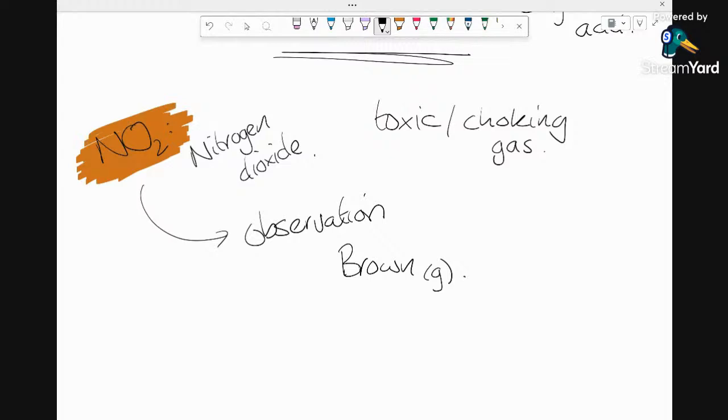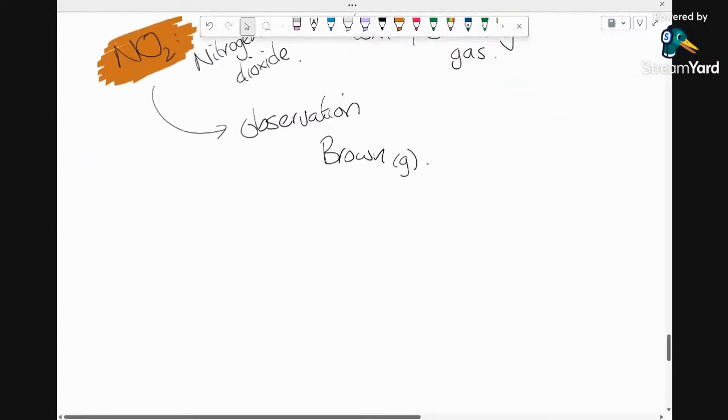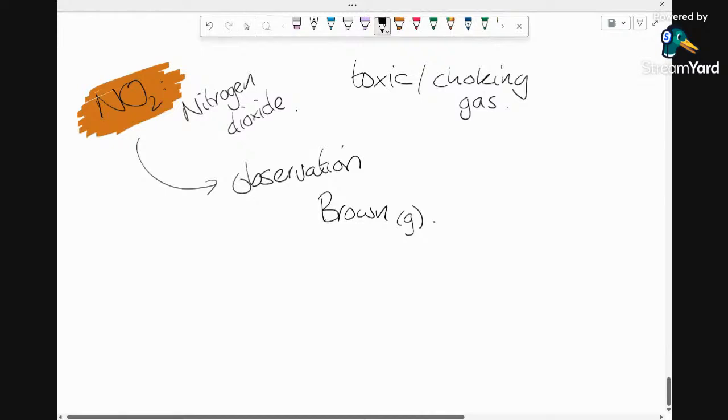Now, the test isn't really a test. If you took a sample of this gas in a tube, and this isn't a chemical test, you could prove it was NO2 with a really simple thing.